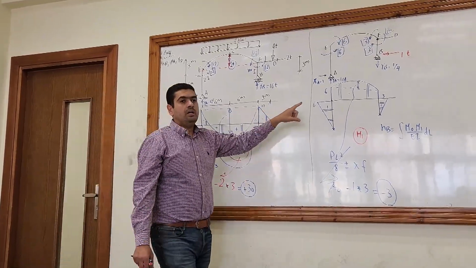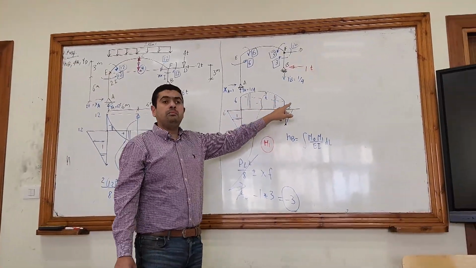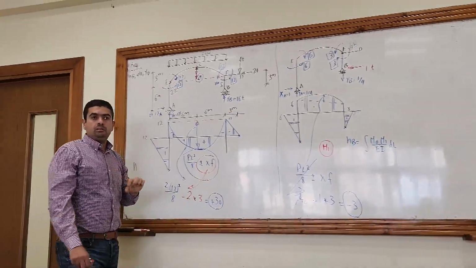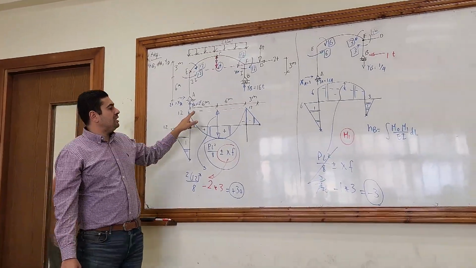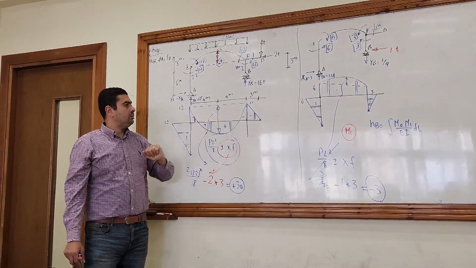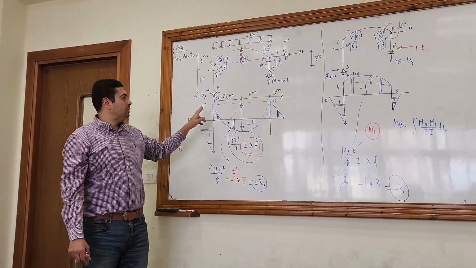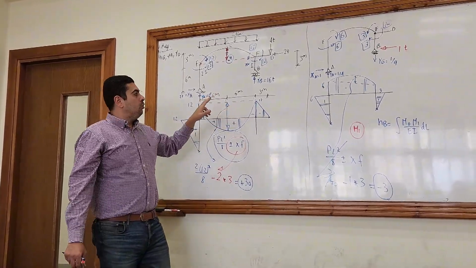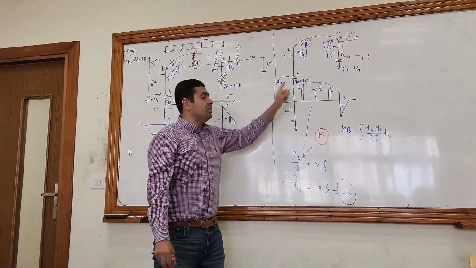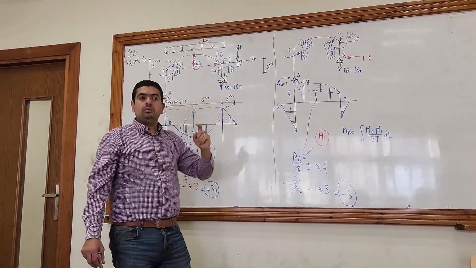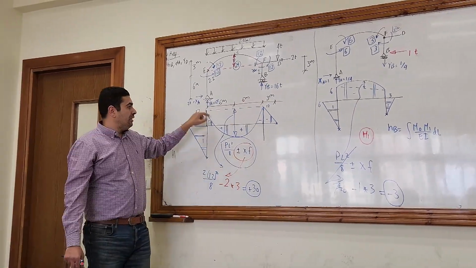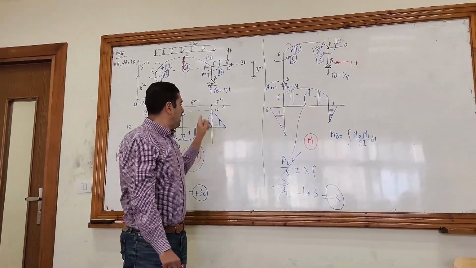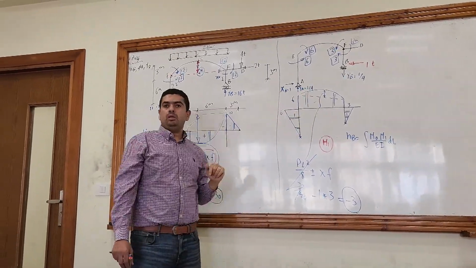And here I have a trapezium with an added parabola, right? When I start with the rectangle, I have to integrate the rectangle once with the trapezium and once with the parabola. And then I will get the parabola and integrate it once with the trapezium and once with the parabola.